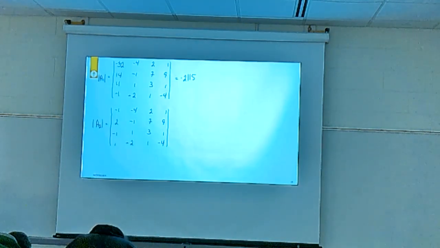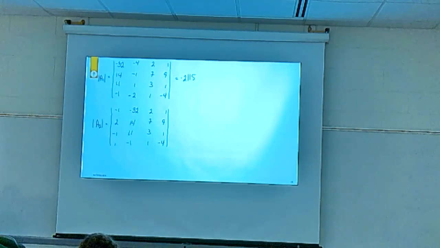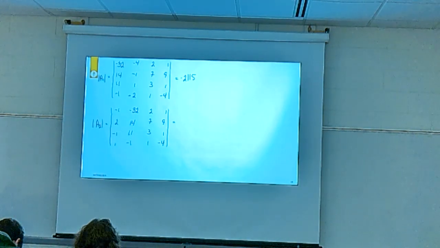A2. Second column replaced. What is its determinant? Negative 3384.